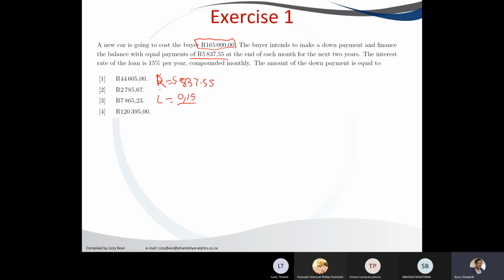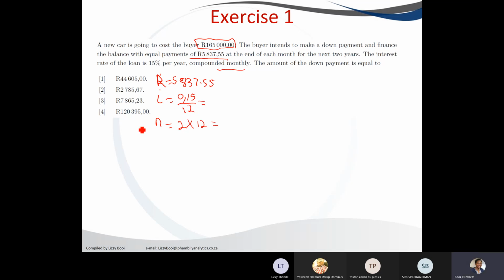We need to divide it by the compounding periods, and it says it's compounded monthly, so it's 12. And our N is for how long? For 2 years. So that will be 2 multiplied by 12. We need to get those values.